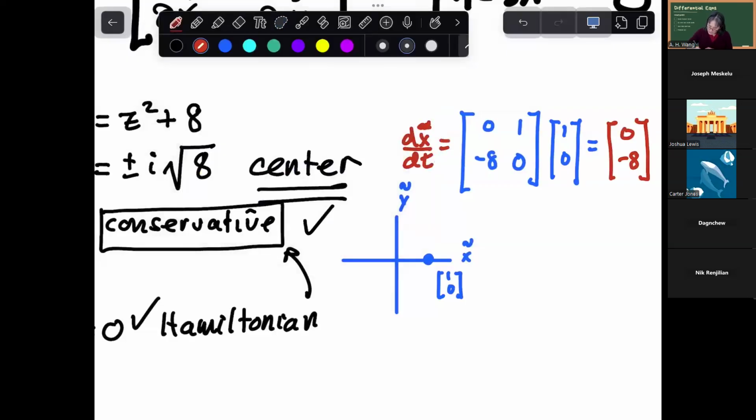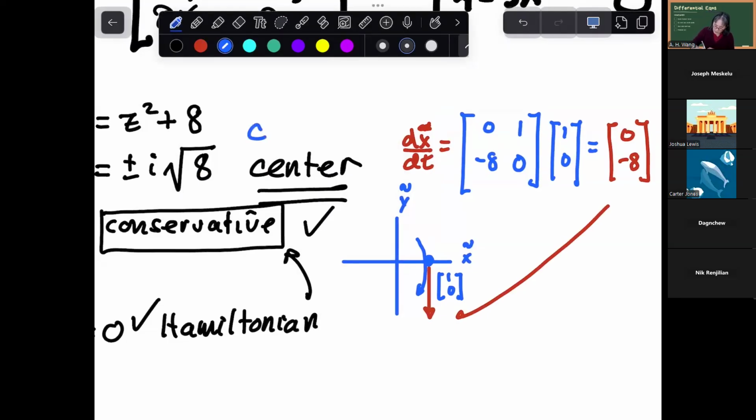So in the tilde system, you have (0, -8). This is your tangent right here. So if you have something going like this, and that's your tangent, and your curve is going like this, is this clockwise or counterclockwise? Clockwise. It's a clockwise center. That's how you can tell.